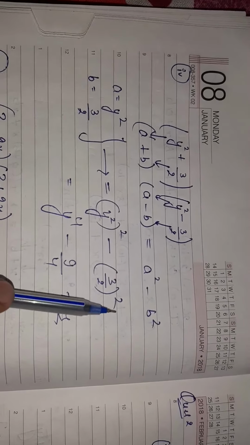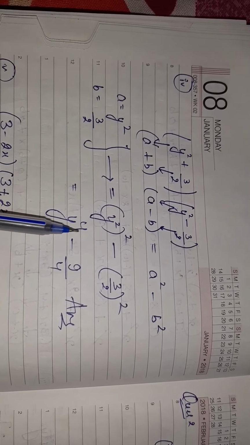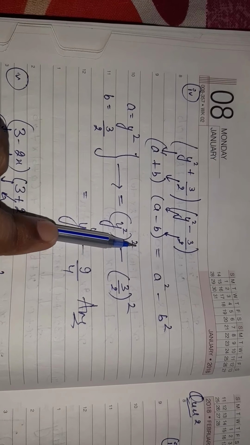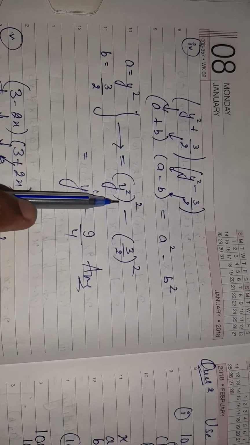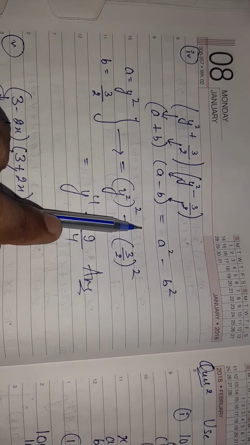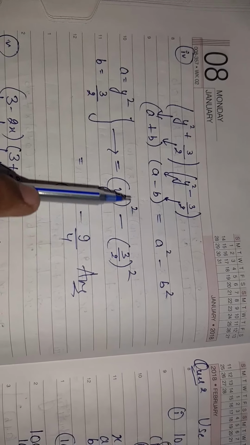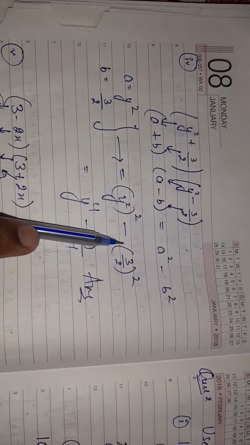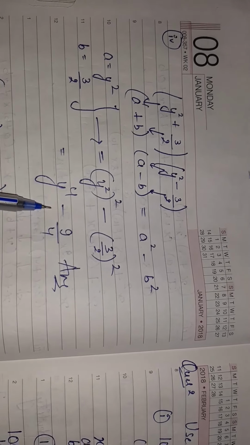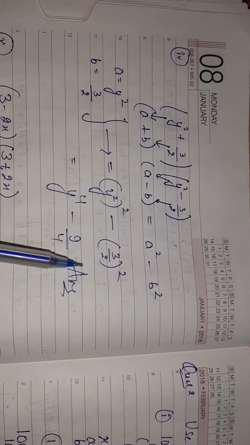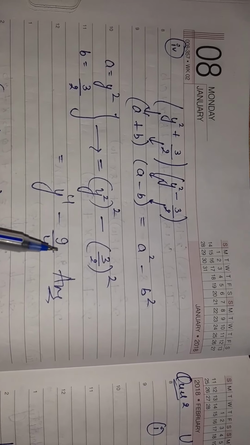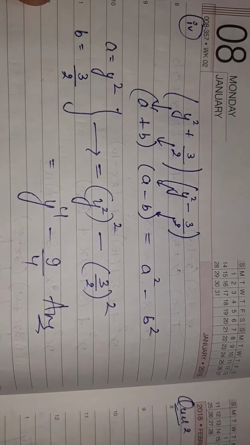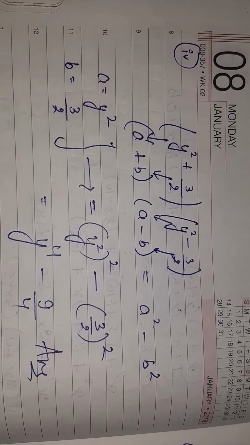Put these values in a square minus b square. (y square) whole square minus (3 by 2) whole square. Remember from exercise 1.6, (a to the power m) whole to the power n is a to the power m into n. Same here also. y to the power 4 minus 3 square is 9, 2 square is 4. The answer is y to the power 4 minus 9 by 4.